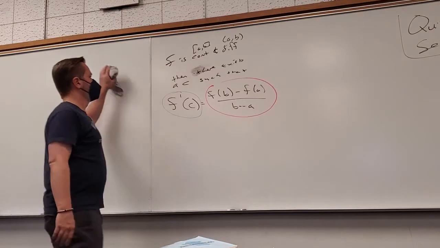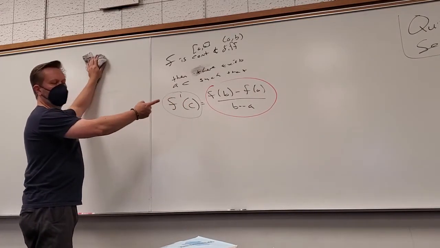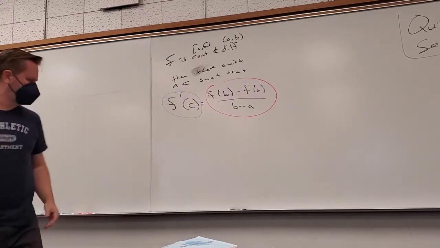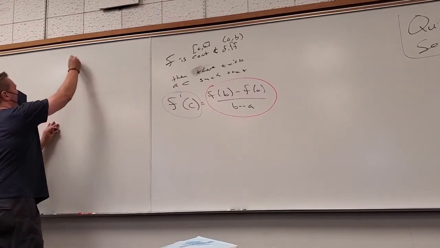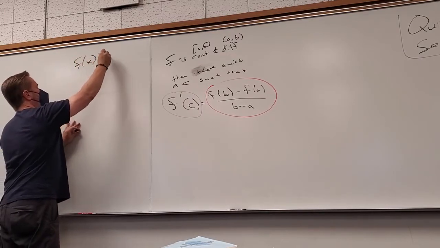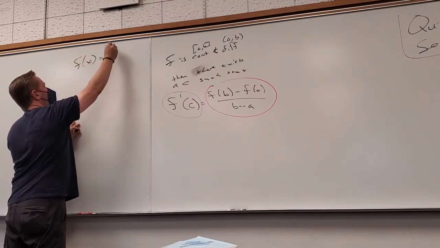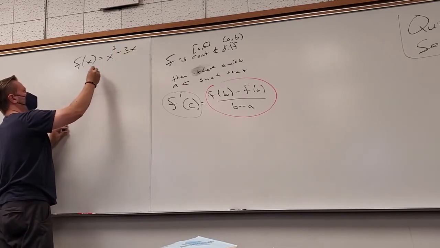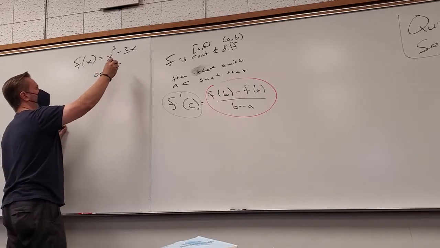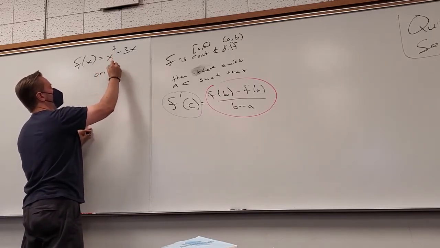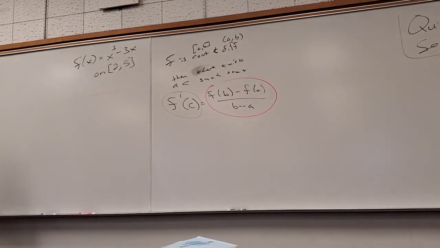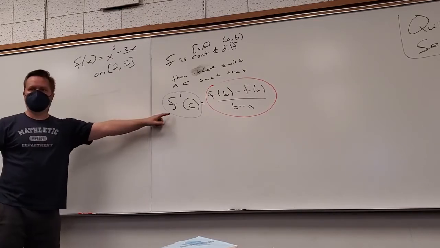Does anyone want an example of this real quick? Like with a given function? Yeah, sure. Okay. So let's say I've got this, and I want to find, on the interval 2 to 5, all the locations c where this is true, right?